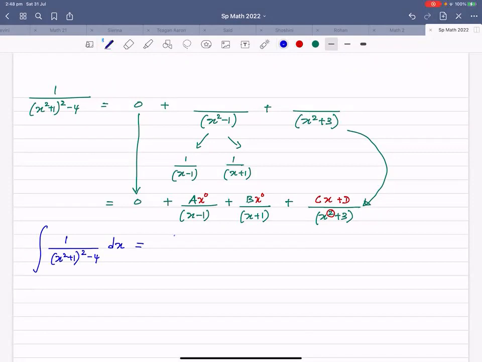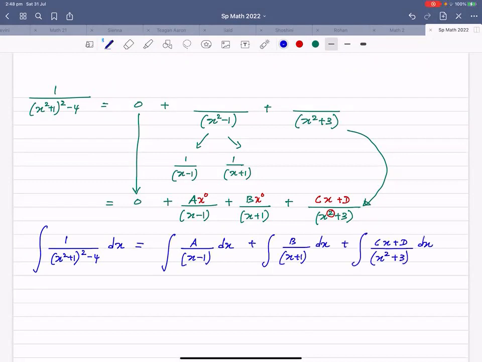But what you do is, end of the day, you just integrate this only. It's like that. So once you know A, B, C, D, game is over.